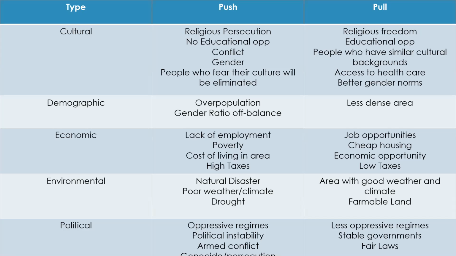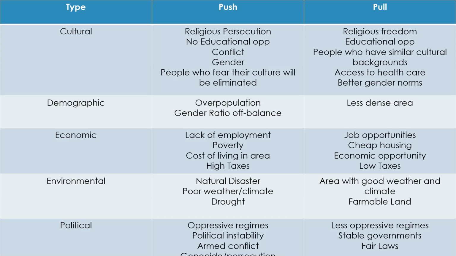Cultural and social push factors: the culture and community may not be accepting of one's race, sex, ethnicity, gender, sexual orientation. There may be poor access to healthcare, education, crime rate, and sometimes maybe there's just not a whole lot to do in that environment.